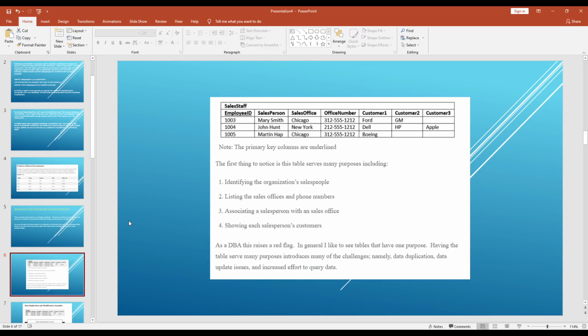As a DBA, this raises a red flag. In general, I like to see tables that have one purpose.